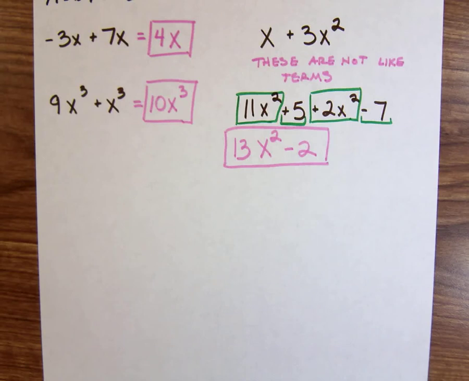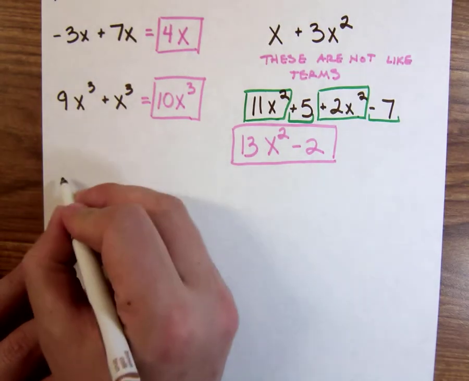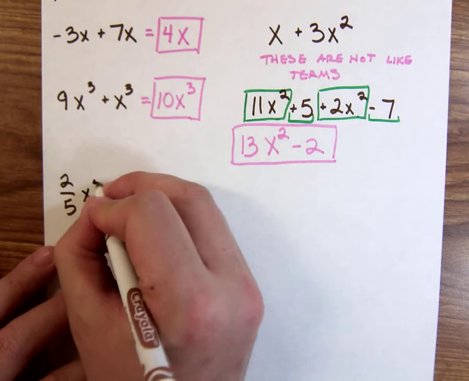Don't change the variable. This is one of the reasons why we are spending one entire day doing just adding and subtracting, because when you do multiplying and dividing, the variables do change. Oh gosh. So I want you to get used to adding and subtracting on its own. The variables don't change. That is a common mistake, and it gets even more common after you learn multiplying, because when you multiply, they do change.